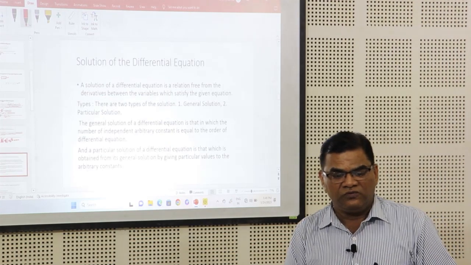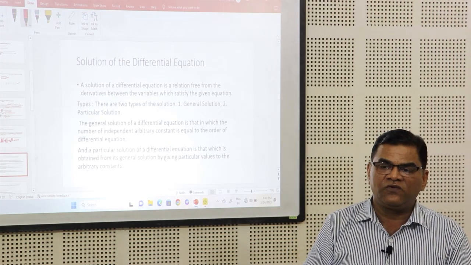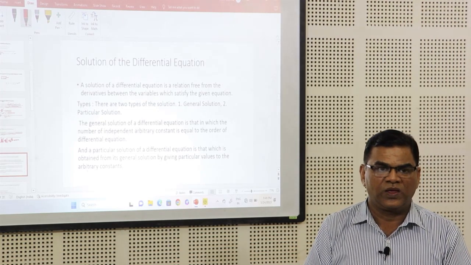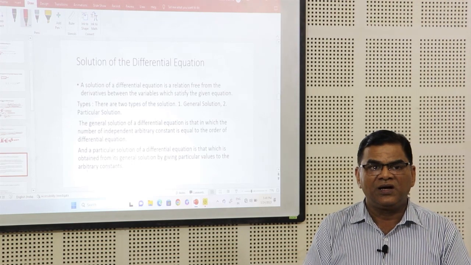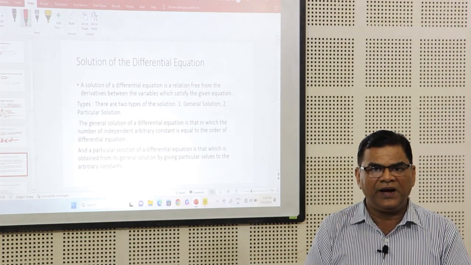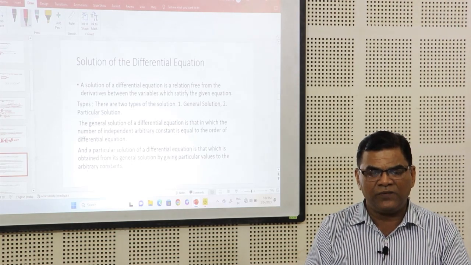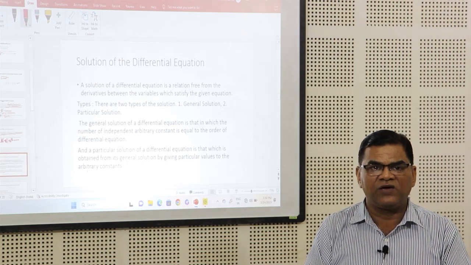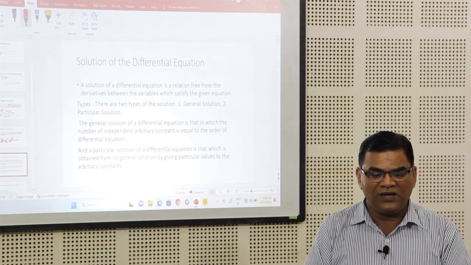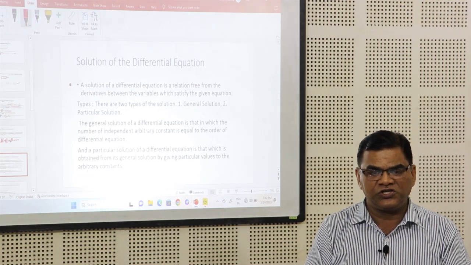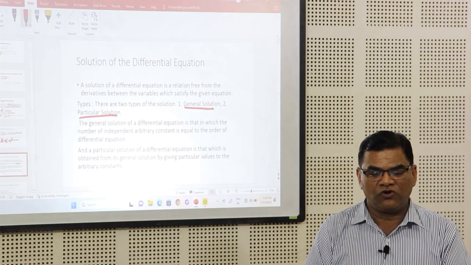Now, we wish to know the meaning of the solution of a differential equation. The solution of a differential equation is nothing but the relation between dependent and independent variables which satisfies the given equation and does not contain any derivative term. There are two types of solution, one is the general solution, the other is the particular solution.